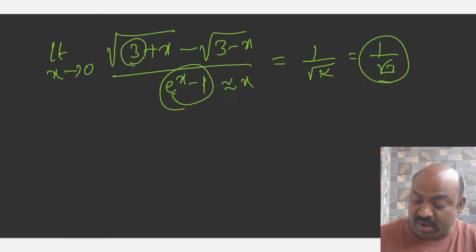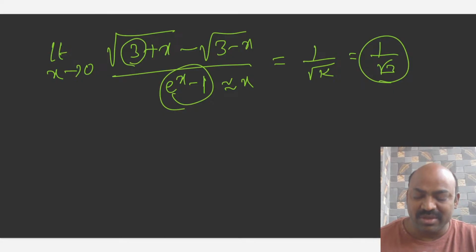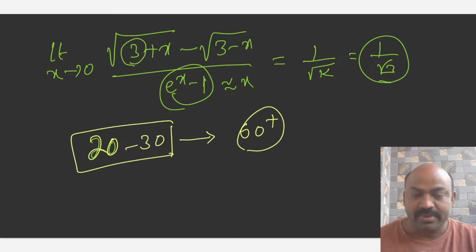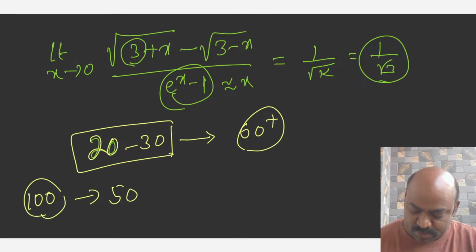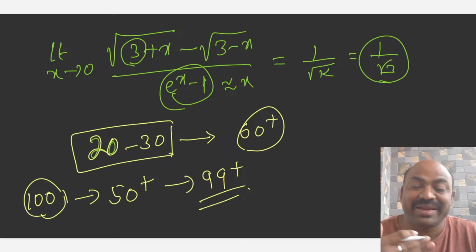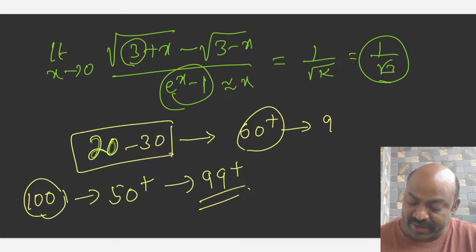Transforming means 20 or 30 marks you are getting in math, make it 60 plus marks. Out of 100 marks, if you get 50 plus marks, you will get 99 plus in JEE Mains. Then what is 60 plus? 99.7, 99.8.